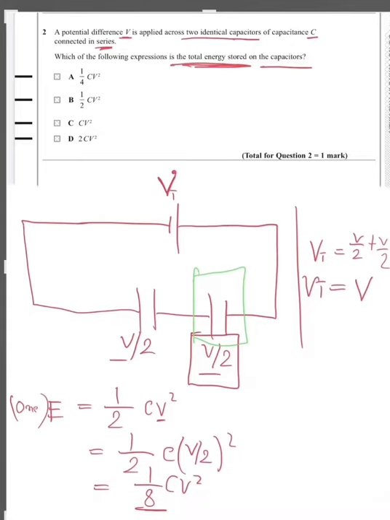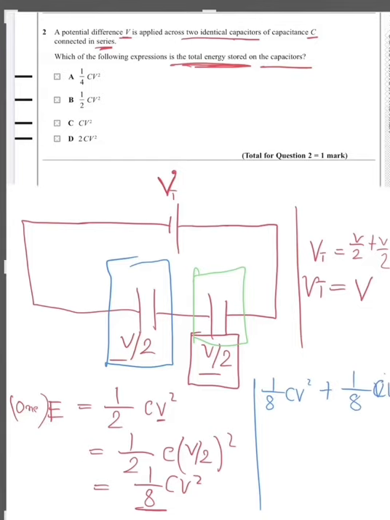So the energy stored in this capacitor would also be the same, 1 by 8 CV squared. The total stored in both is 1 by 8 CV squared plus 1 by 8 CV squared, which is 1 by 4 CV squared. So the answer is A.